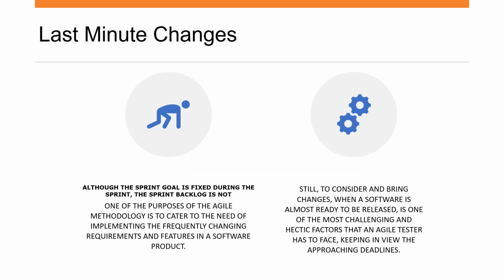So let's talk about the last minute change. Although we all know that the sprint goal is fixed during the sprint, the sprint backlog is not. That is the statement which we need to change. Though we have the time-boxed duration of the sprint, we don't have a fixed and rigid backlog goal.